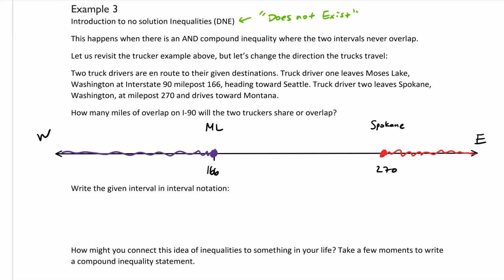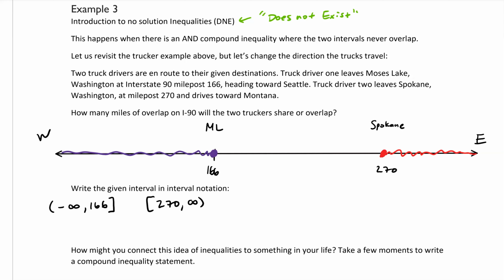The way that we would want to write the intersection is we have the two intervals, negative infinity to 166 bracket, and then the other interval is 270 off to infinity.